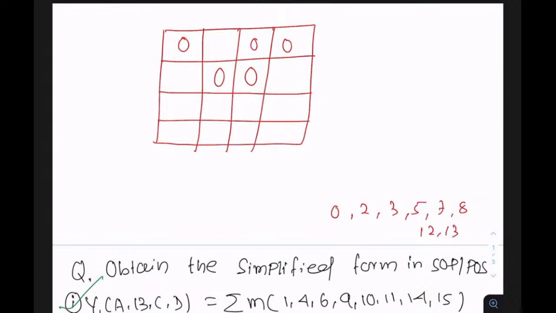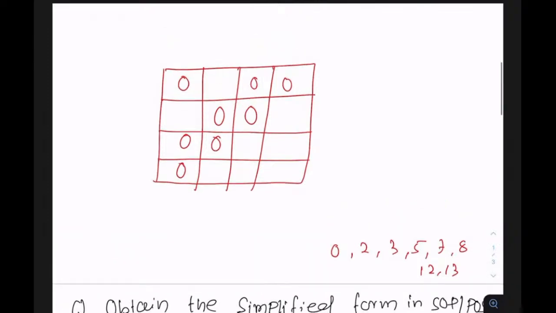So 0, 1, 3, 2, 4, 5, 7, 6, 8, 9, 11, 10, 12, and 13. These are the ones.